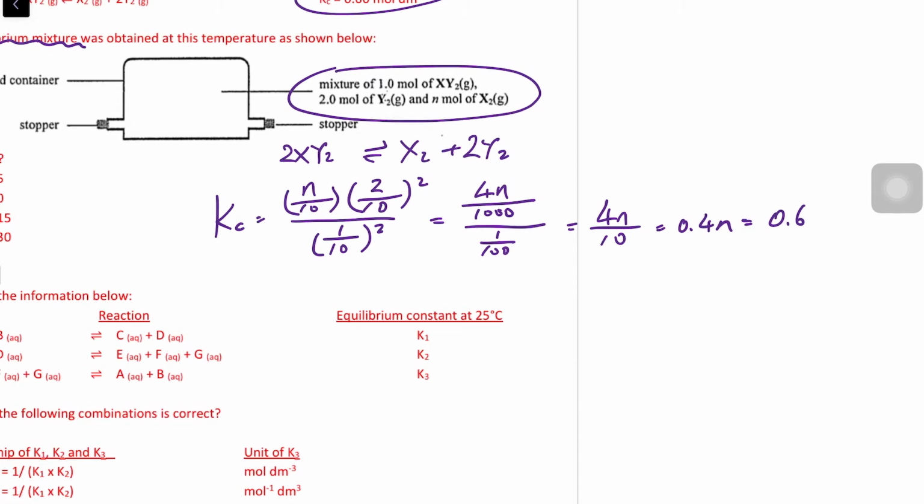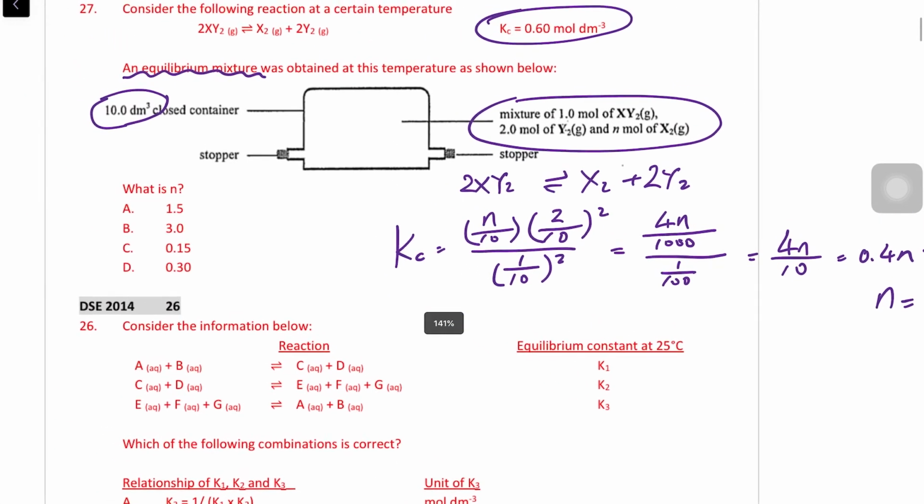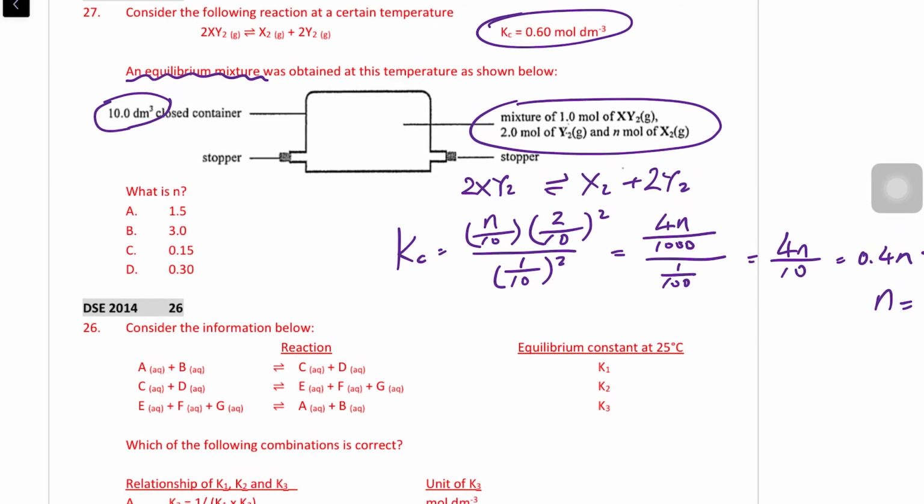So the answer looks like n equals 6 over 4. It is 1.5. So the answer is A.